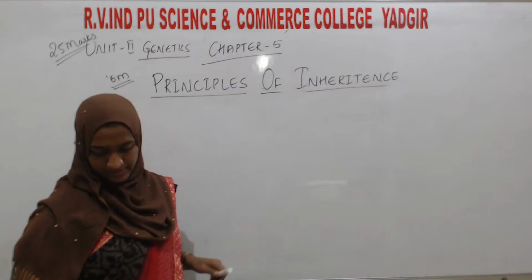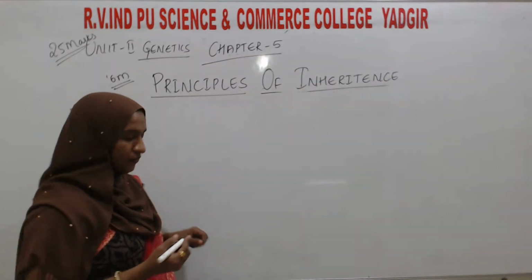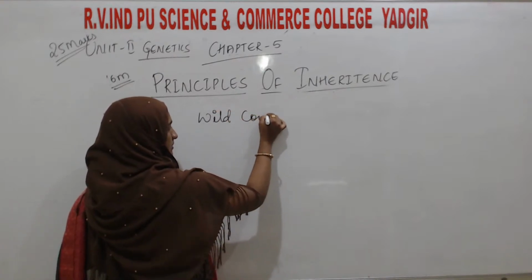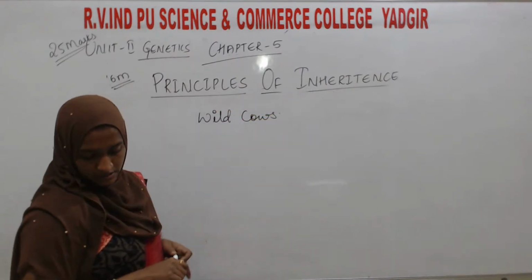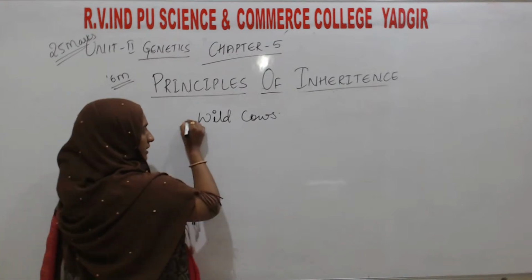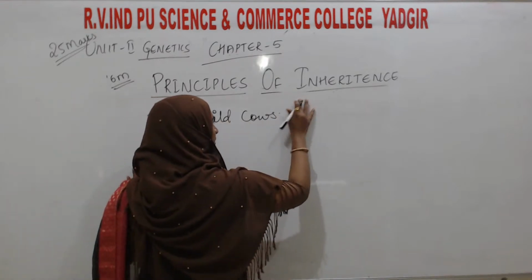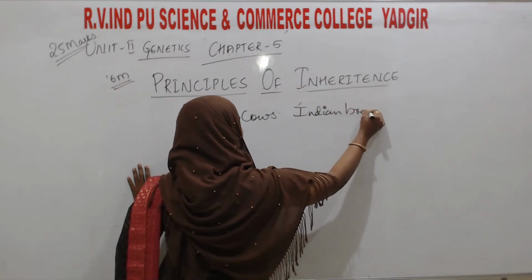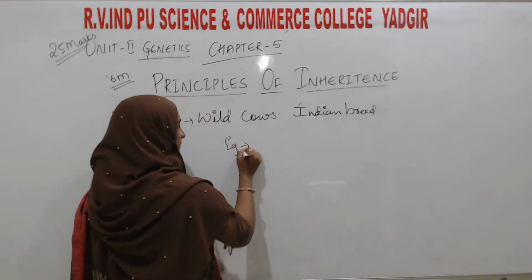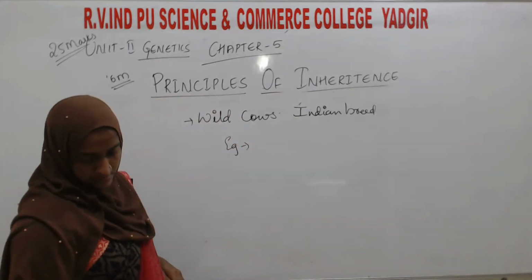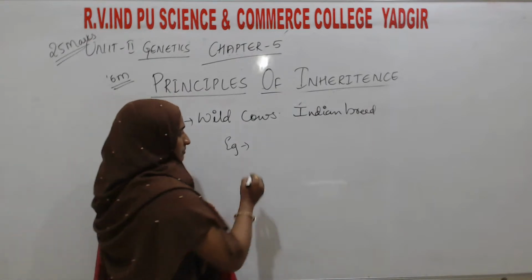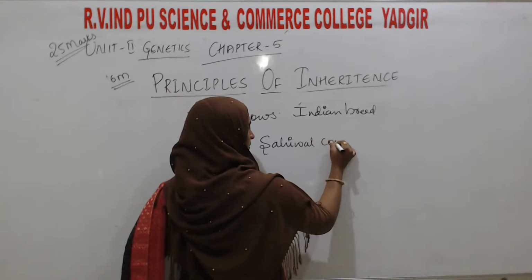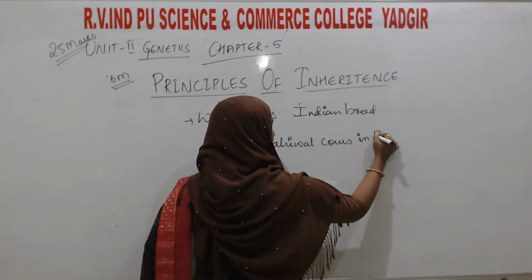So here, wild cows, and one of them is an Indian breed of cattle. An example is Sahiwal cows in Punjab.